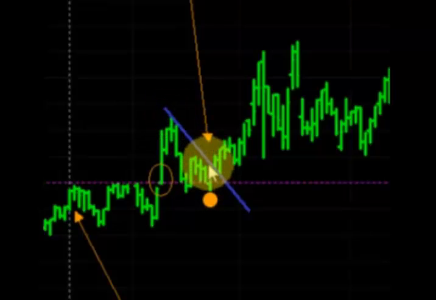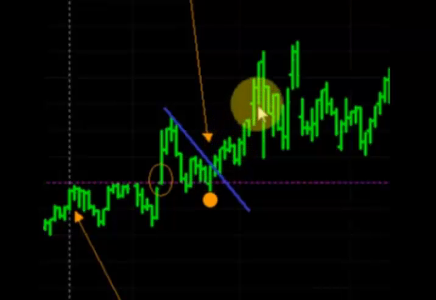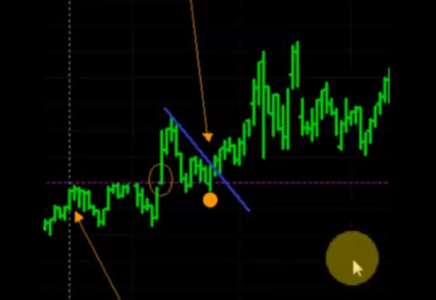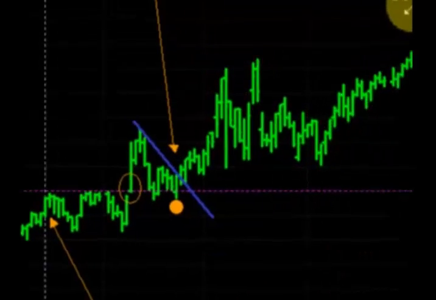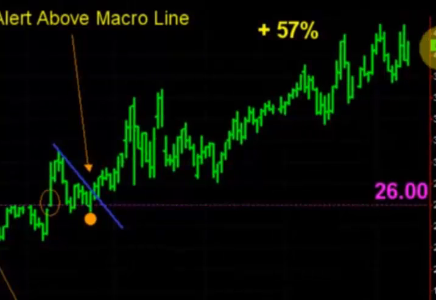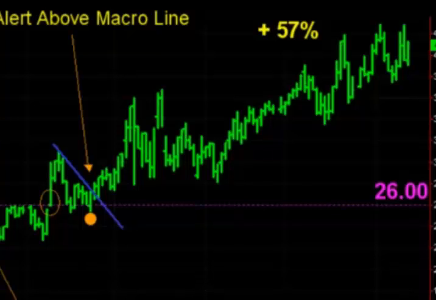You got a deep pullback alert here from the software, and then there's your first move. There's your first swing trade. If you hung on to something, as of the date I made this chart, you had like a 57% gain on the stock. So you can see that once the stock got out of that macro range, that's where it took off like a bat out of hell.